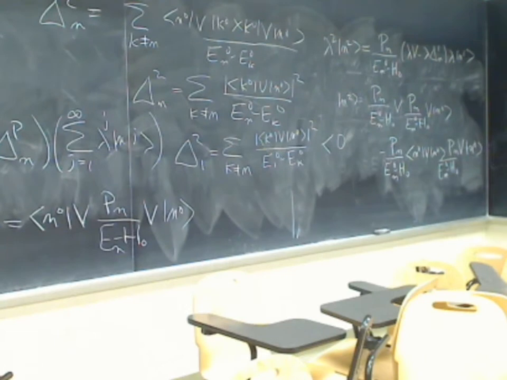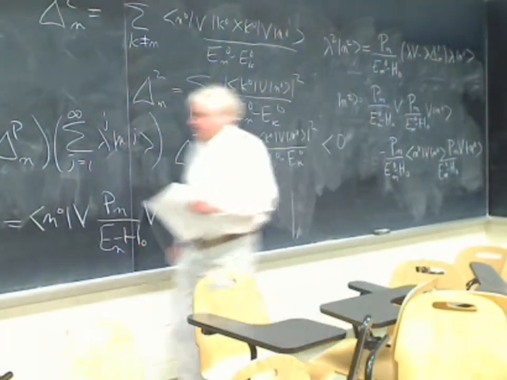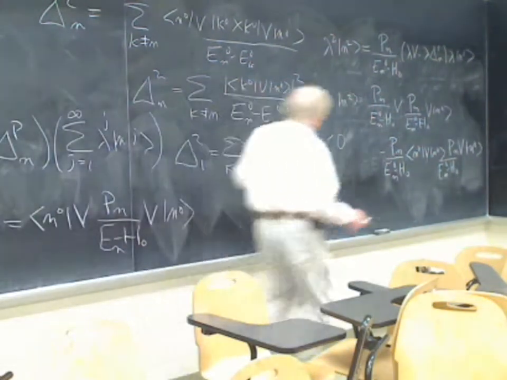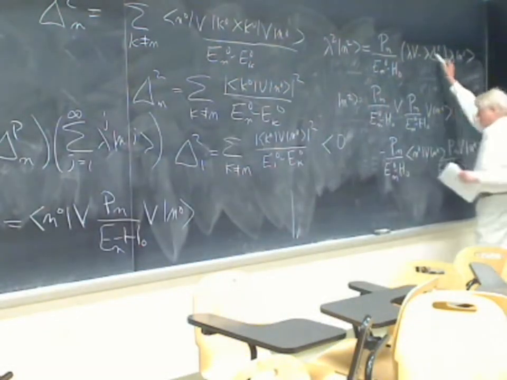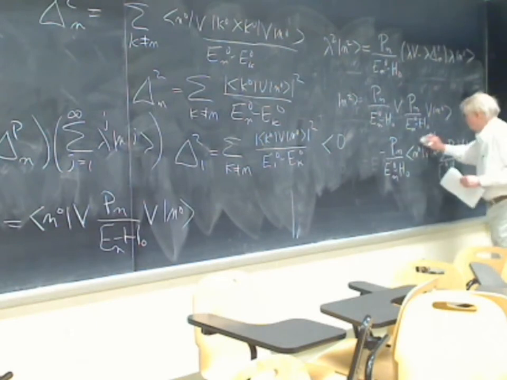In other words, we have to use, first of all, our expression for delta 1n. Our expression for delta 1n, you remember, was N0 V N0. This is delta n1, so this is a comment in parentheses, not part of the equation.